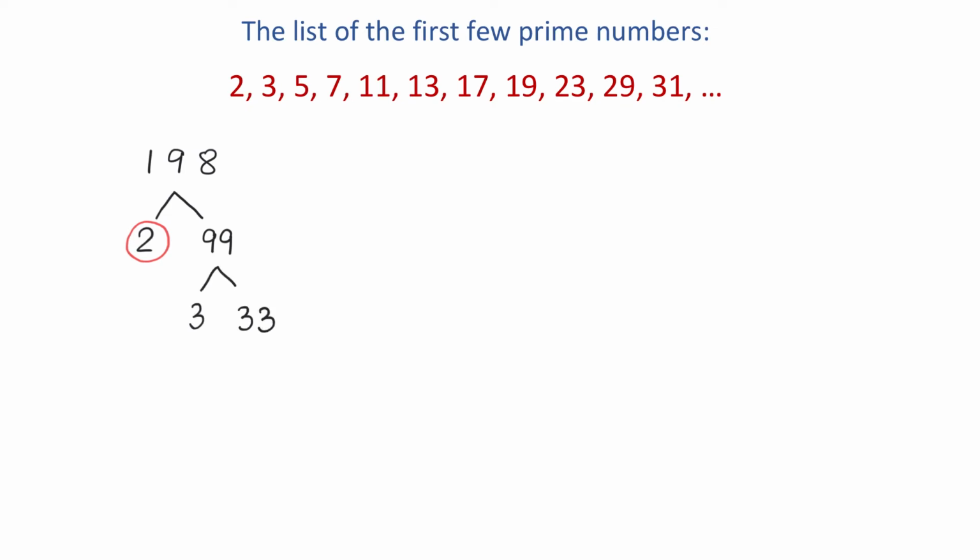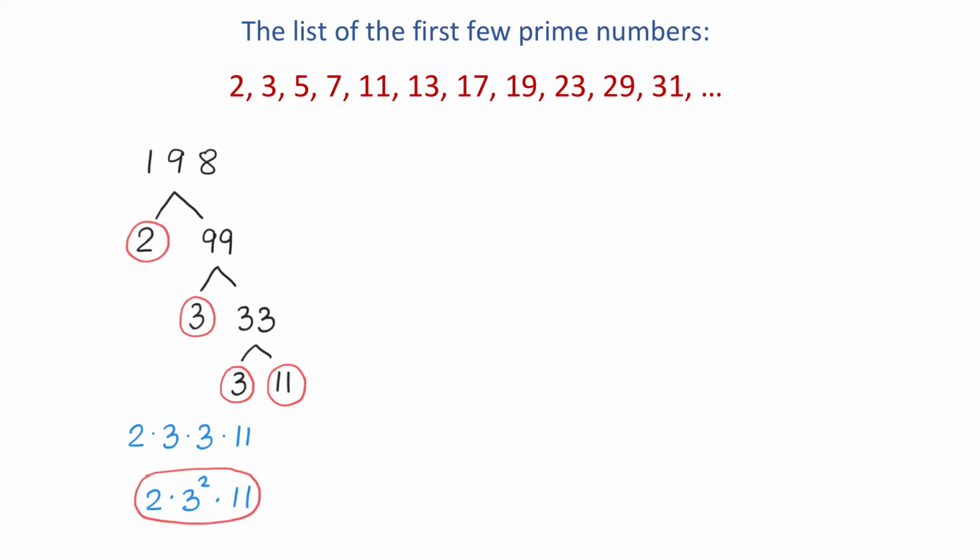And again, we will circle each of these prime numbers because they will be part of the prime factorization. 33 is still divisible by 3, and the result is 11. And both 3 and 11 are prime numbers. Then we can say that the prime factorization of 198 is 2 times 3 times 3 times 11, or 2 times 3 squared times 11.